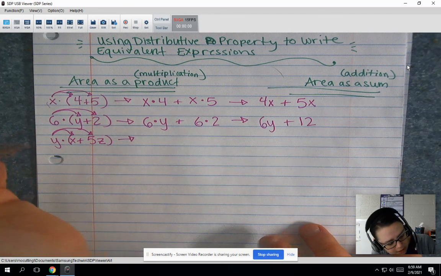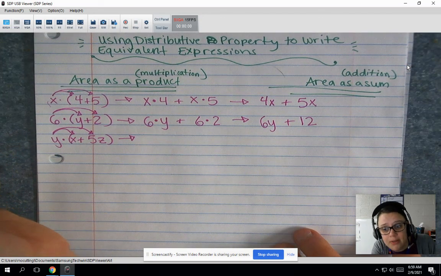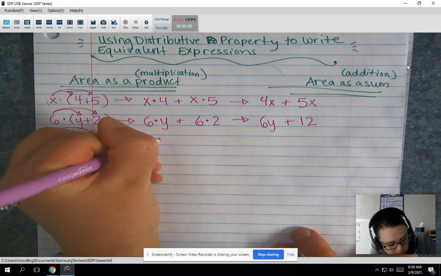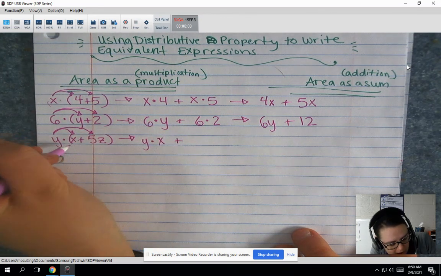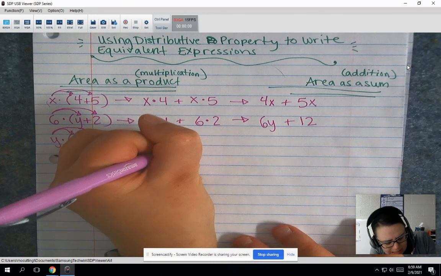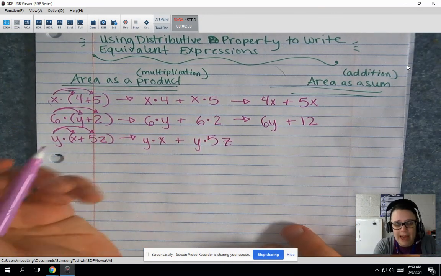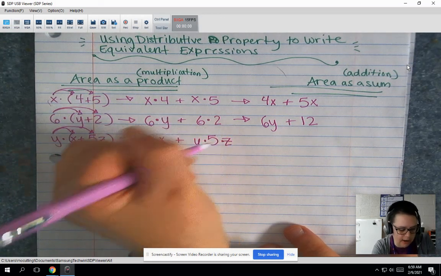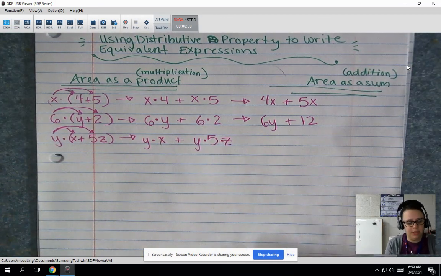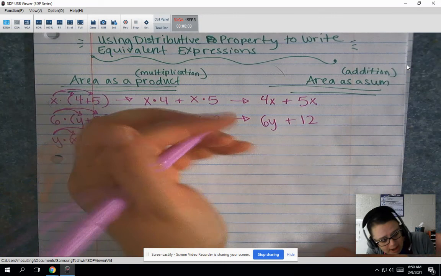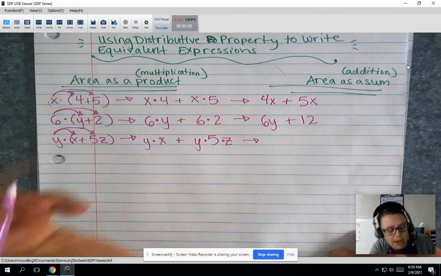So I'm first going to do that, even though it's going to be really weird to write this way. y times x plus y times 5z. I'm actually going to put the dot in here because all three of these things are being multiplied together. And we know with multiplication, we can switch that order around. Okay, so then I'm going to formalize it a little bit.